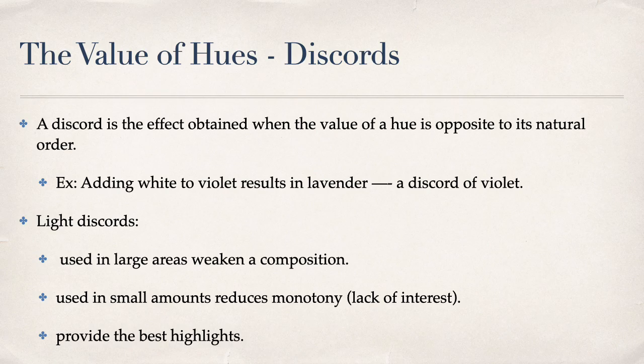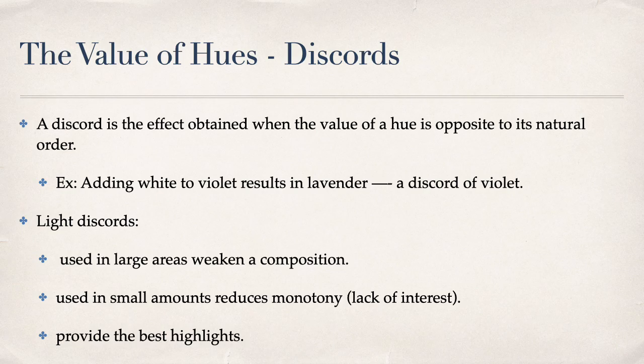Light discords, when used in large areas, can weaken a composition. When they're used in smaller amounts, they reduce monotony or lack of interest in a composition. Light discords also provide the best highlights.